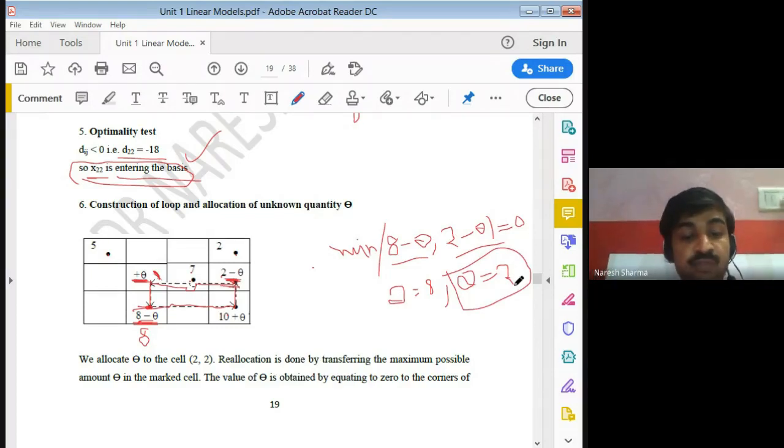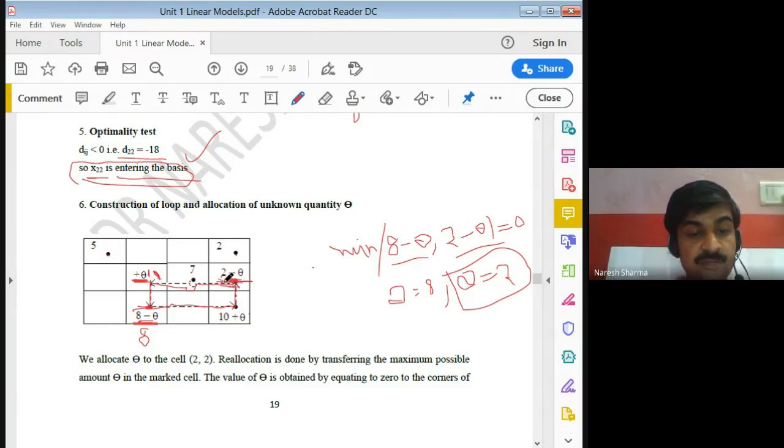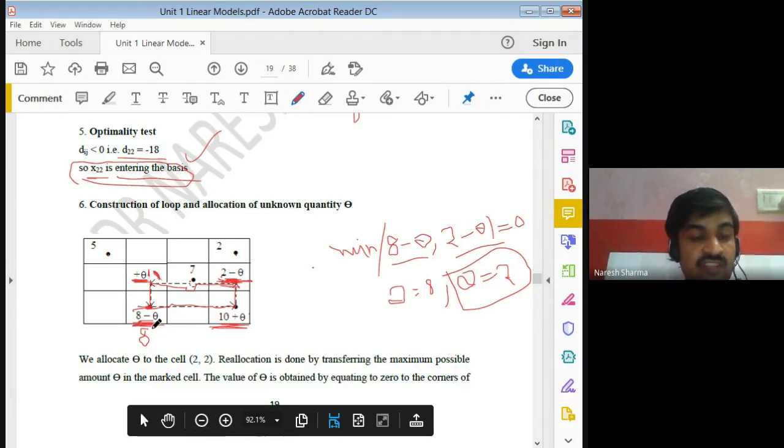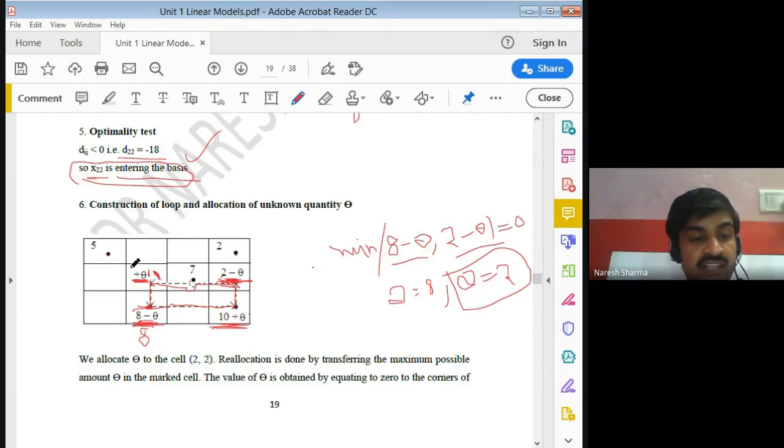So if 2 is minimum, you can add 2 at this location, subtract 2 at this location, add 2 at this location, that means your 3 4 location, and also subtract 2 at this location. Once you do this, your new entry here is 2, here it is 0, here it is 12, here it is 6.